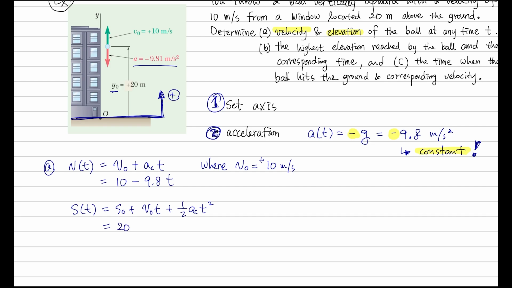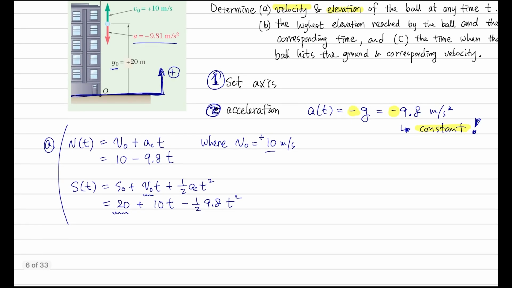Yes, it's 20, right? Because here we consider it as 0, and initially up there it's 20 meters above. So it's a positive direction, so it's a positive 20. And then plus v naught, which is again positive 10, times t, and then minus 1/2 times 9.8 t squared.